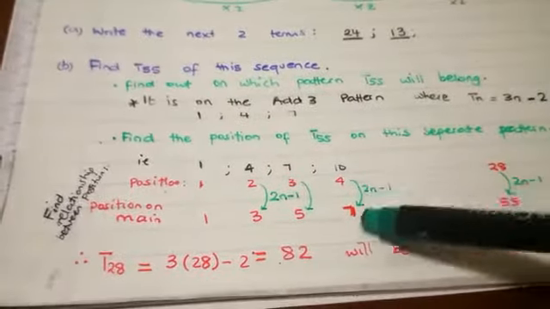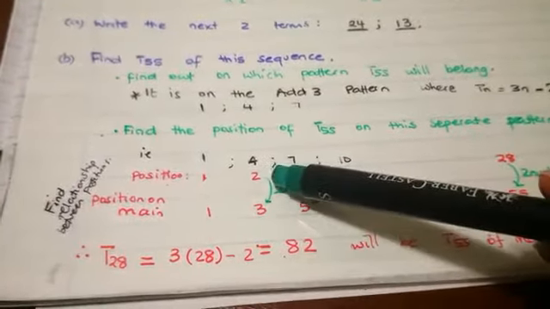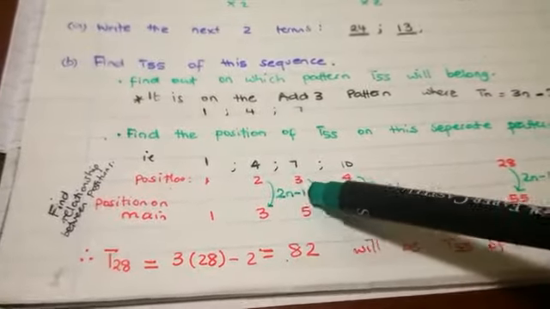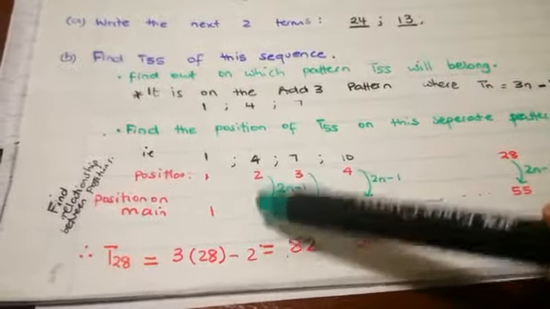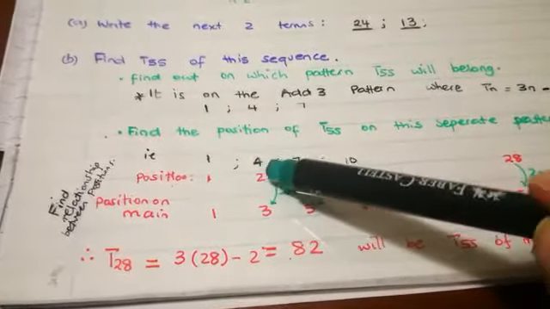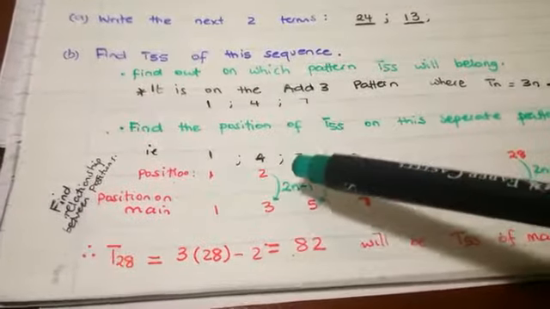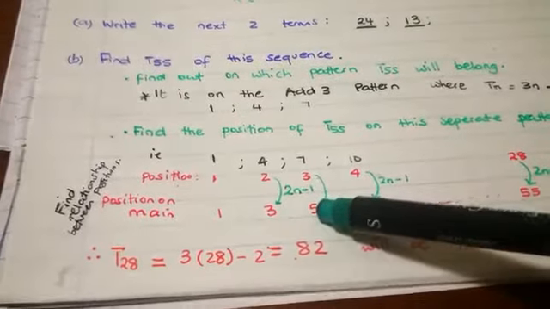So now we need to find the relationship between the positions. If I check here, the main position is always 2n minus 1. So to move from here to there is just 2 times the position minus 1. So 2 times 2 is 4 minus 1, you get 3. 3 times 2 is 6 minus 1, you get 5.